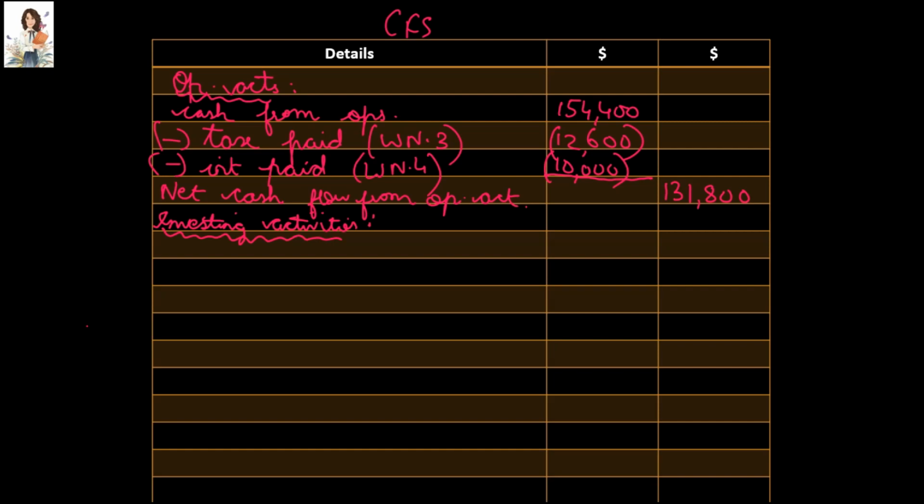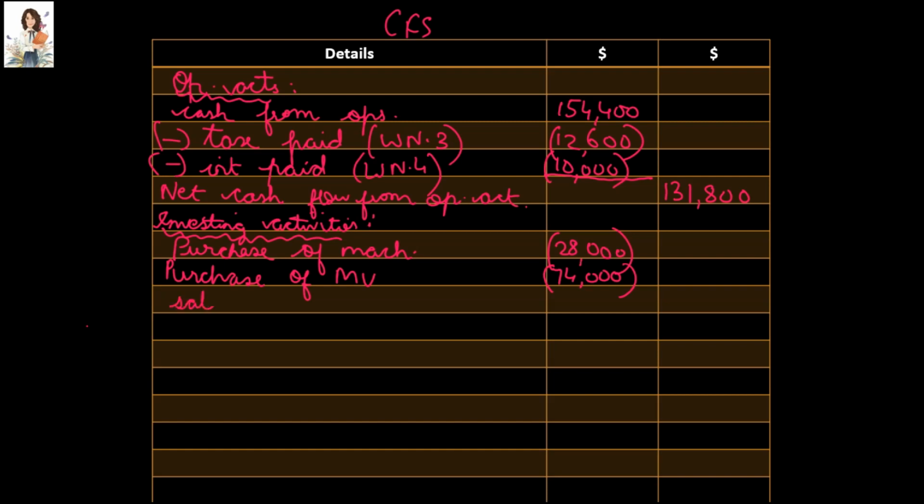So in investing activities, we have purchased machinery during the year worth $28,000. It is a cash outflow. We have purchased motor vehicle during the year. So that is $74,000 of cash outflow.